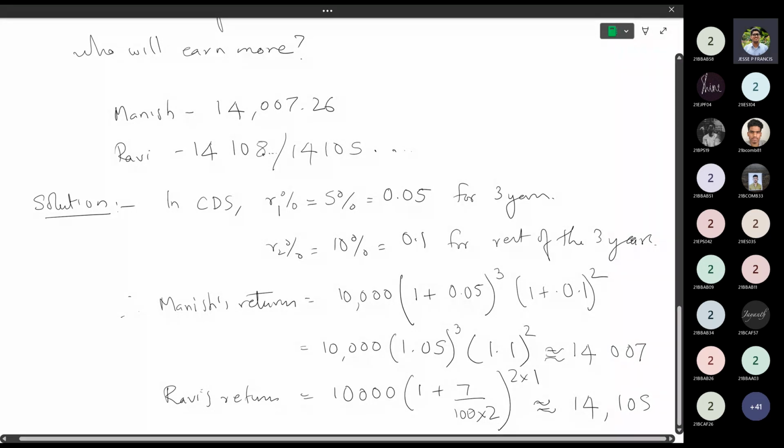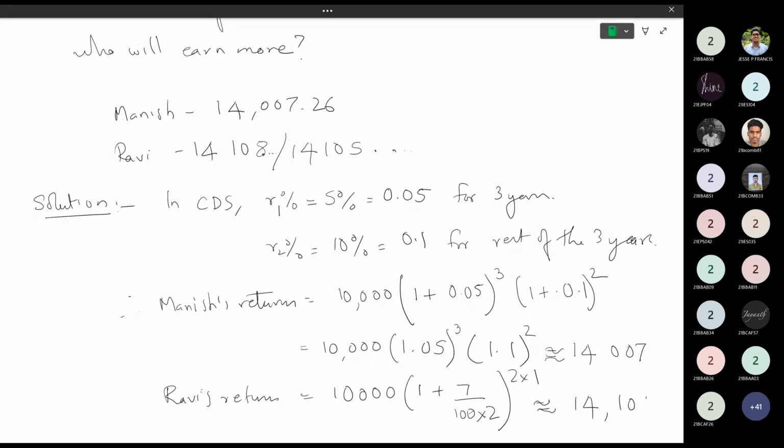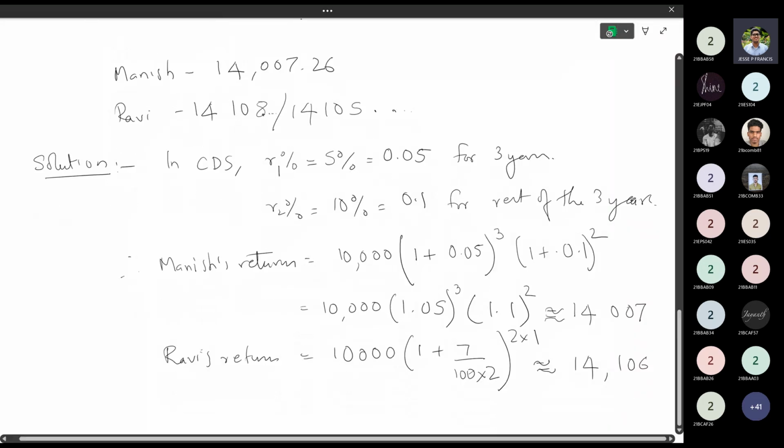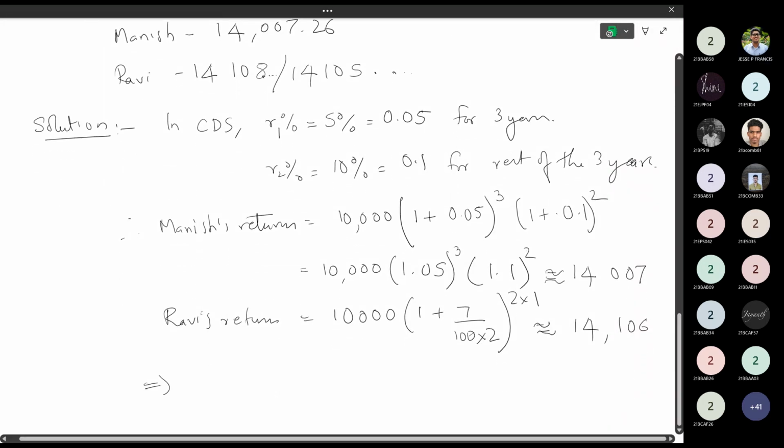Depending on the calculator, your values may vary. I'll put 106 approximately equal to, and this implies Ravi earned more.